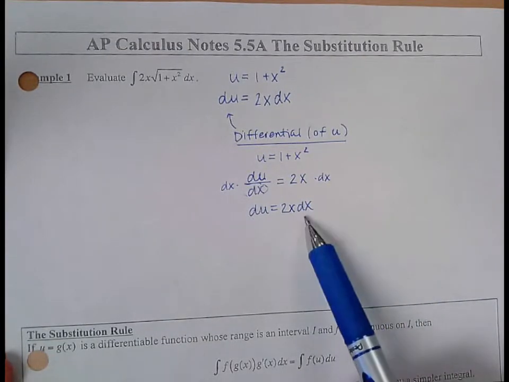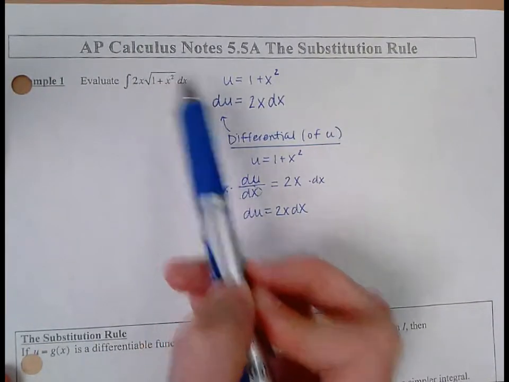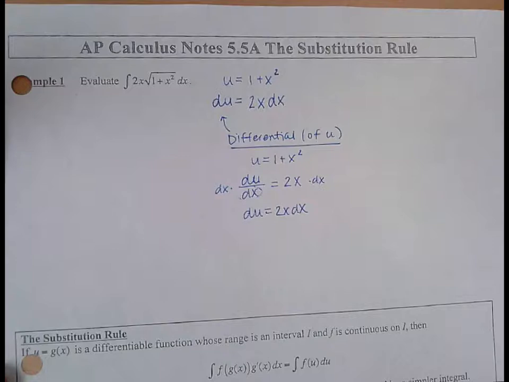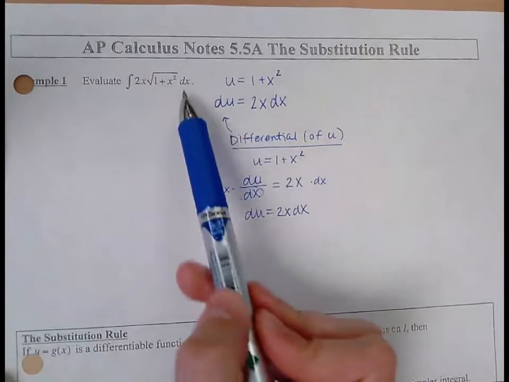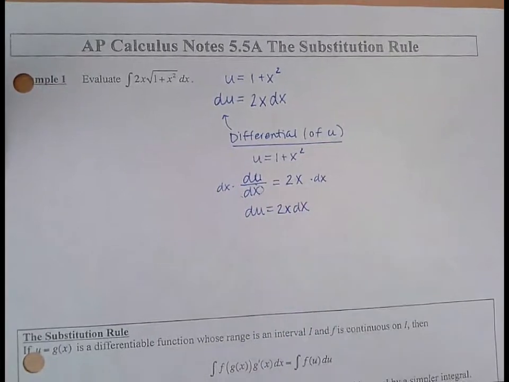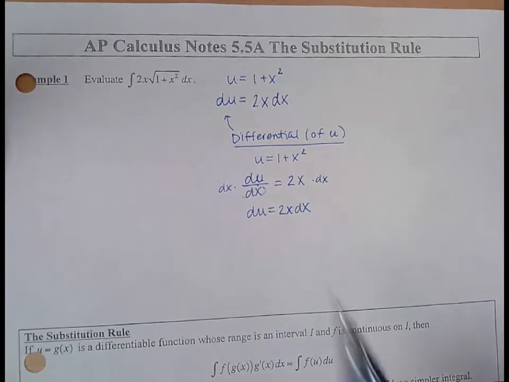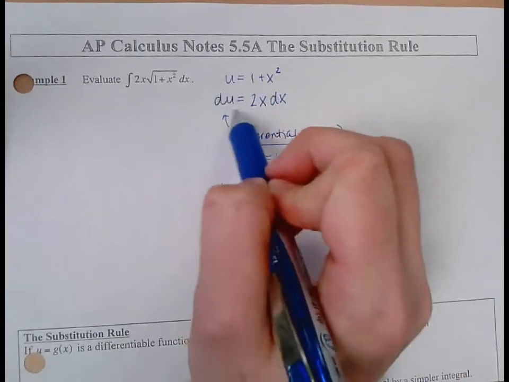So another reason to think of why the dx is there is we're trying to replace everything in our integral that has an x in it with something with u. So I would also need to get rid of the dx. So that's why we're talking about the differentials that are there. So what we should see then, this is what we have based on our substitution.